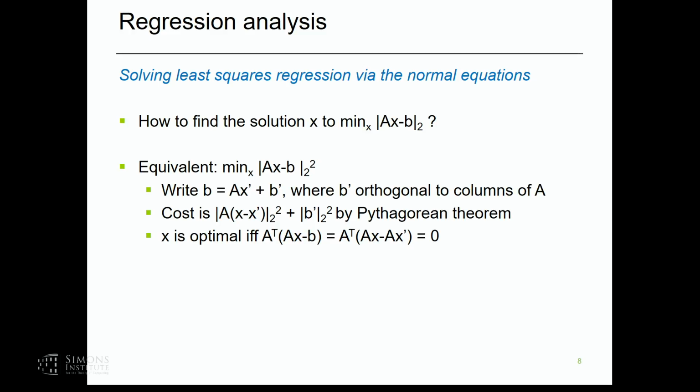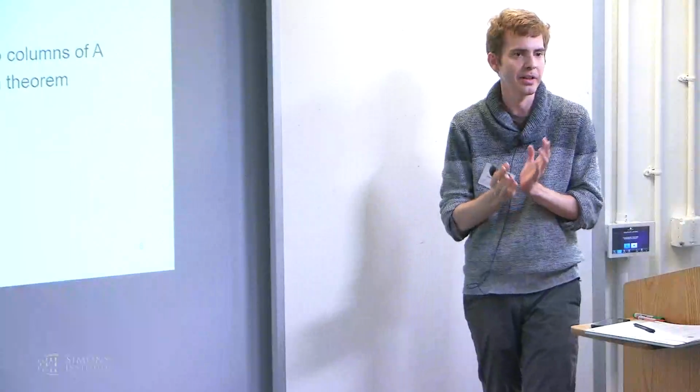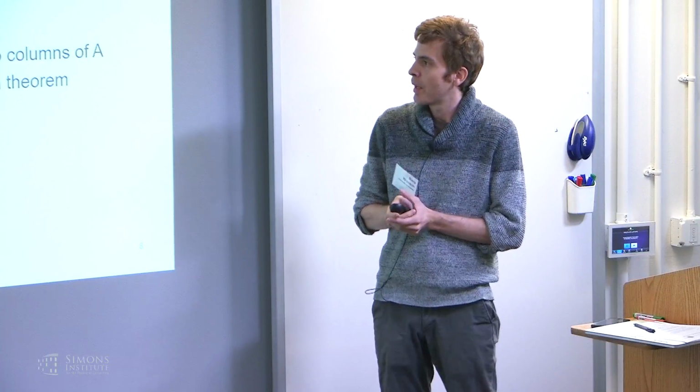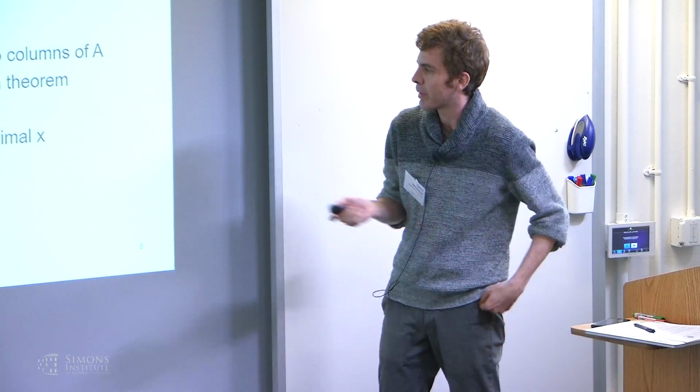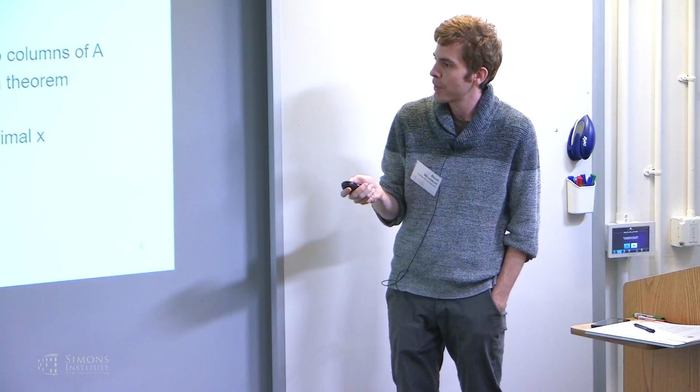Conversely, if Ax minus Ax' is not 0, since it's inside the column span of A, it has a non-zero dot product with one of the rows of A transpose, and this would be non-zero. So the normal equation is just that A transpose A x equals A transpose b. Equivalently, you can think of this as looking at the gradient and setting it to be 0. Okay, so that's the normal equation.